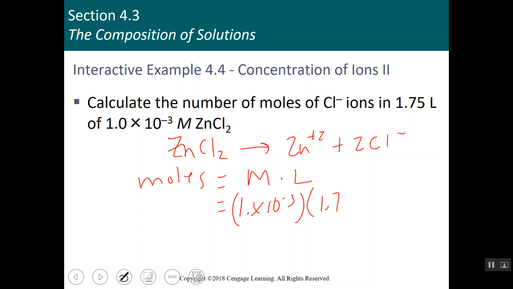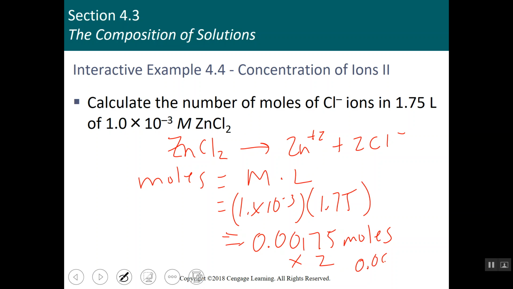Our liters is 1.75. We multiply that out, and we get 0.00175 moles. But note that for every mole of zinc chloride, we get 2 moles of chloride ions, so we have to take that times 2. And so we end up with 0.0035 moles of chloride ions.